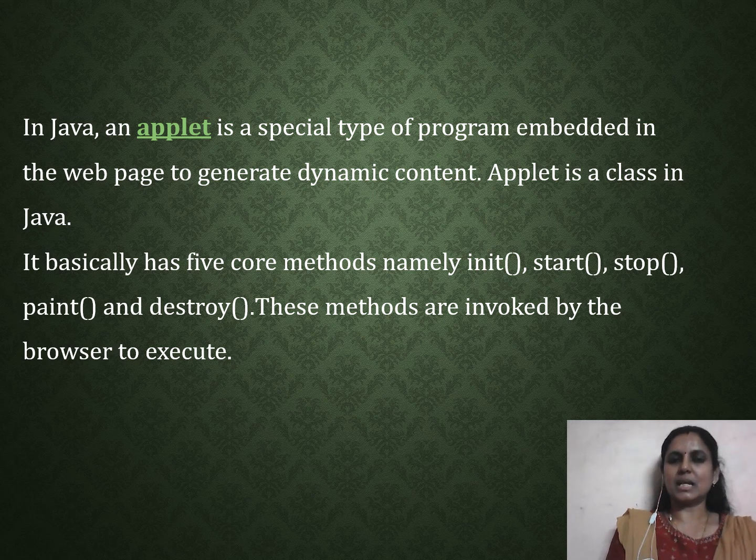It basically has five core methods, namely init(), start(), stop(), paint() and destroy(). These methods are invoked by the browser to execute. Along with the browser, the applet also works on the client side, thus having less processing time also.